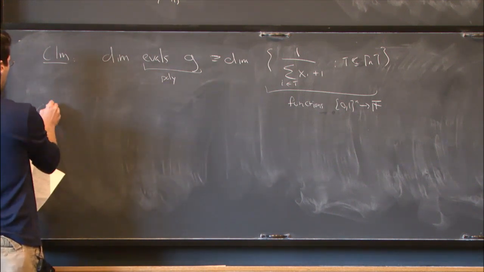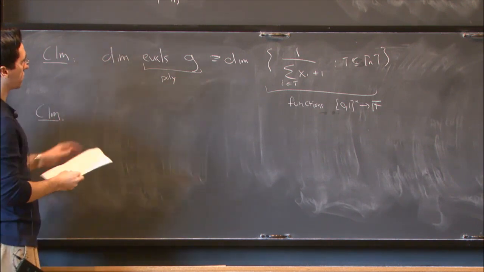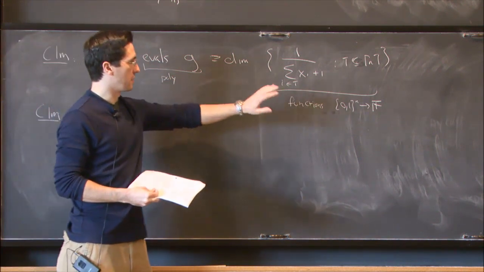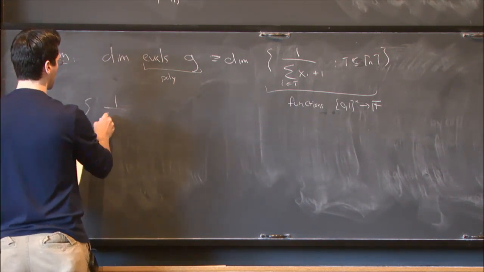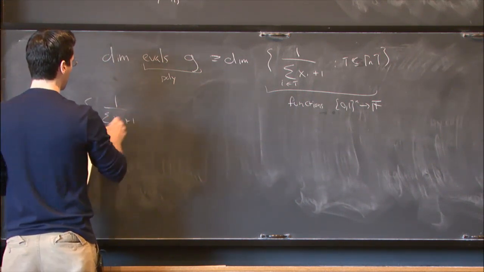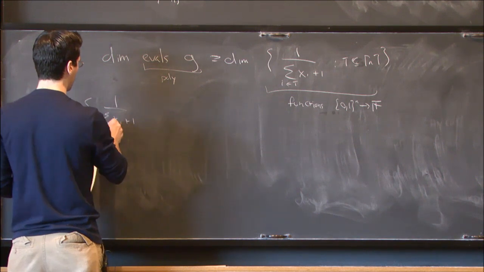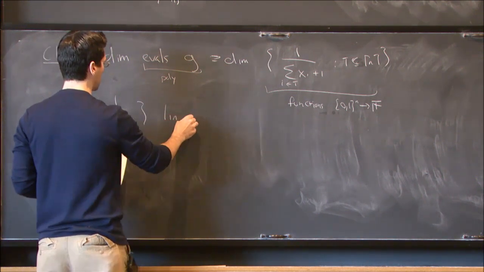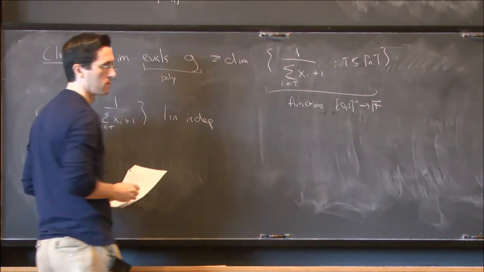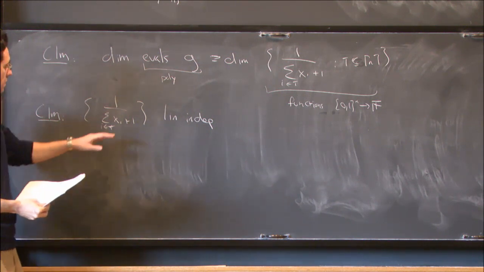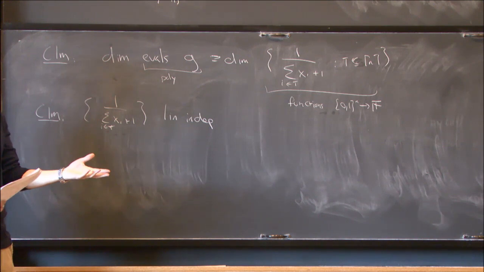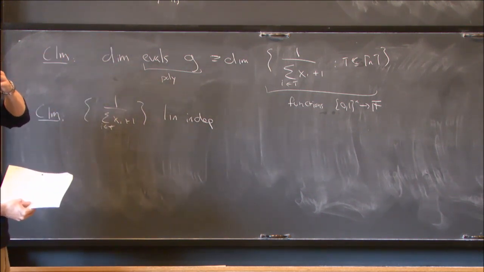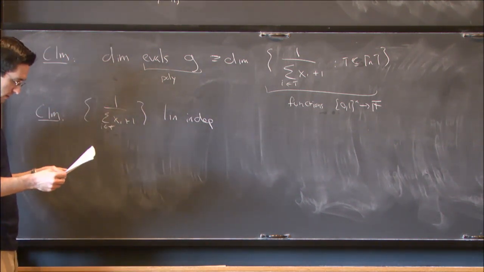So this is what we wanted to bound, and we're lower bounding it by the space of these functions. Now we want to say that these functions are linearly independent. That would prove the claim because this is a space of functions parametrized by subsets. There are 2 to the n subsets, and that's the dimension bound I wanted. So why are they linearly independent?